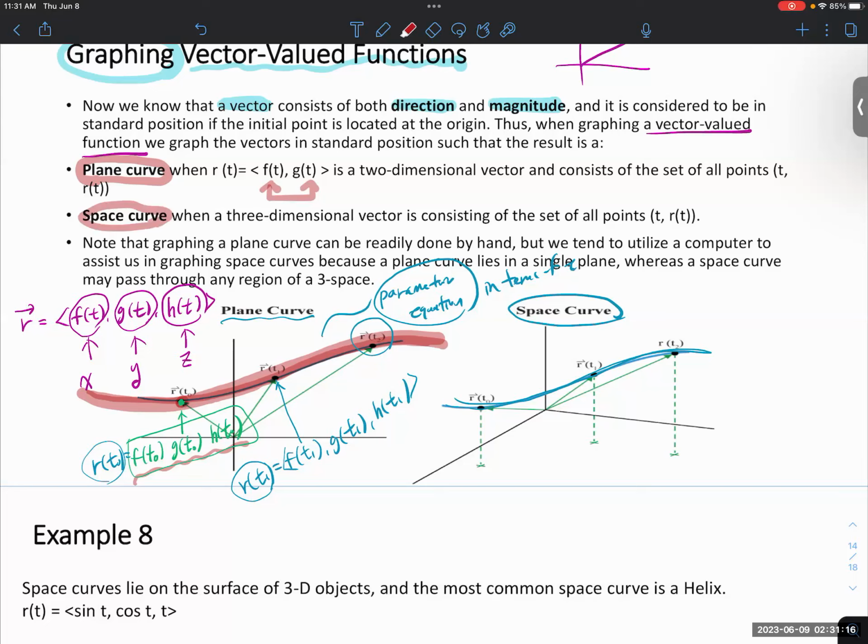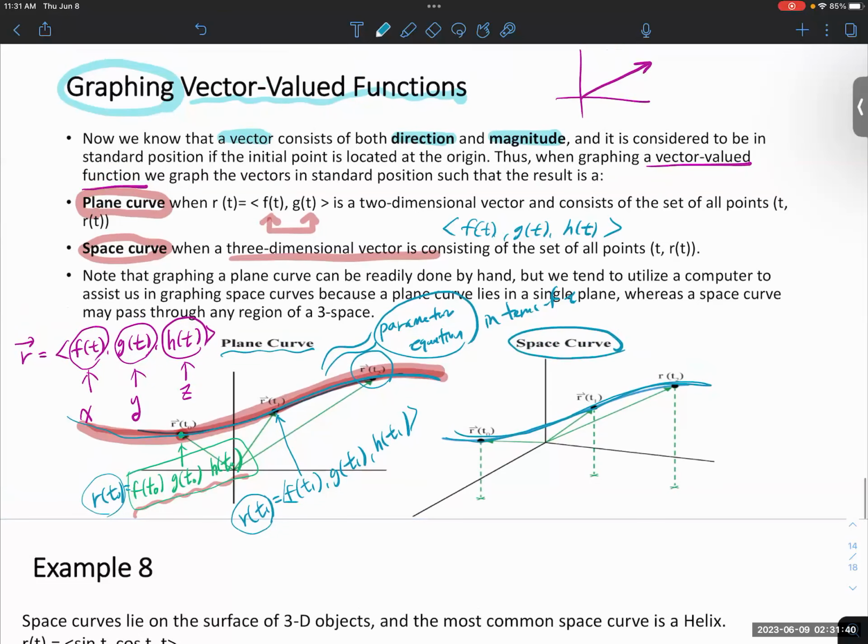Space curve, you can consider three-dimensional, so you have the f function, the g component, and another component. But basically, whenever you are trying to graph this vector value function, it is going to be equivalent to a parametric equation. This is a little bit abstract, and the textbook doesn't cover this, but I just want to give you more information.